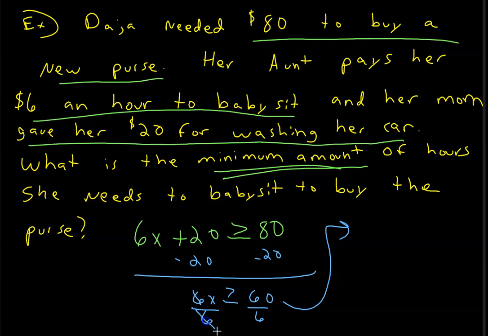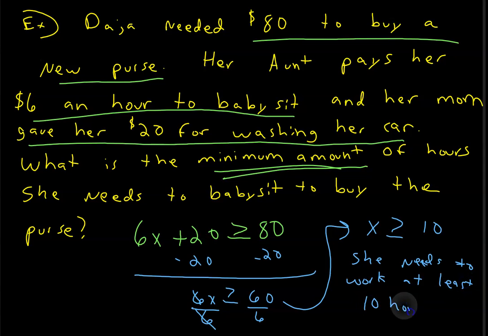And the 6s cancel, leaving us with x is greater than or equal to 10. So she needs to work at least 10 hours. That's all I have. Good luck.